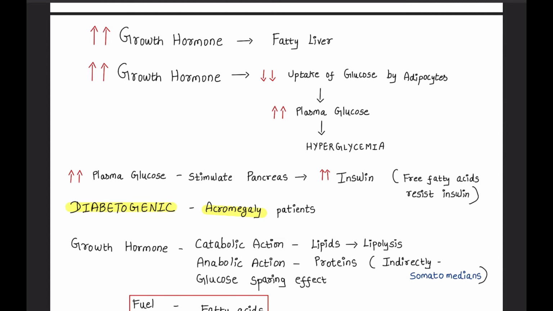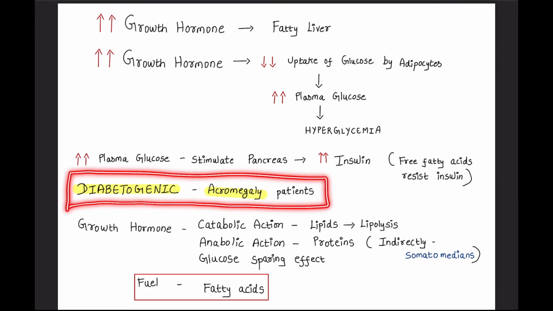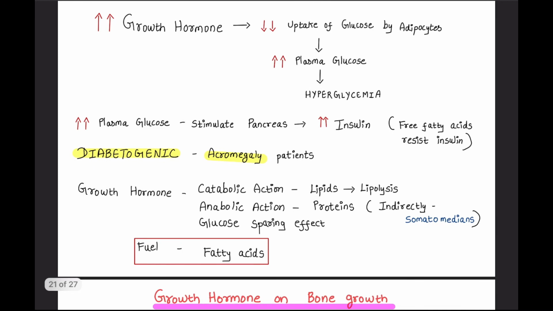So this whole picture shows a diabetogenic acromegaly patient's problem. Now the growth hormone's catabolic action is lipolysis. It will break down the lipids, and the anabolic action of growth hormone is increasing the protein mass, which is by indirectly acting on the somatomedins, and it also has a glucose sparing effect and protein sparing effect.